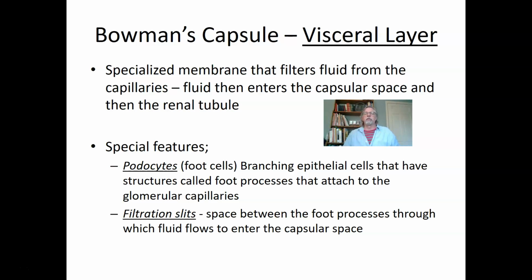And that's where blood is going to filter out from inside the vessel into the capsular space. These fine slits between the processes of neighboring cells are called the filtration slits. And material that gets out of the blood has to pass through those filtration slits.